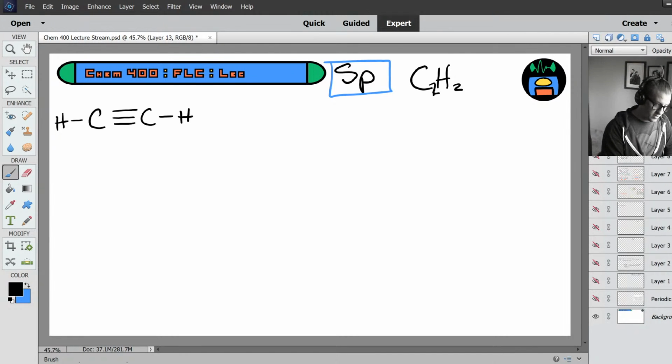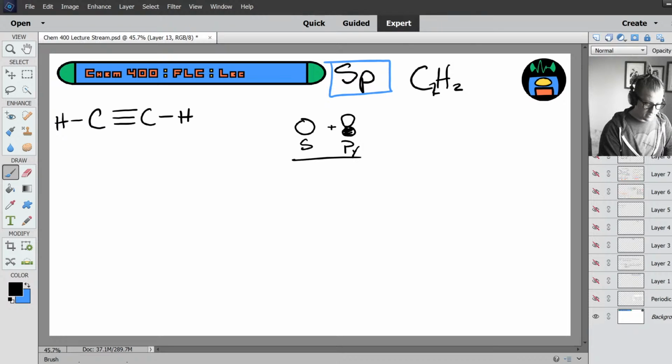Here, in sp hybridization, we are only going to hybridize the s orbital together with py. All right, hybridize s and py together, and we get two sp hybrid orbitals when we do this.